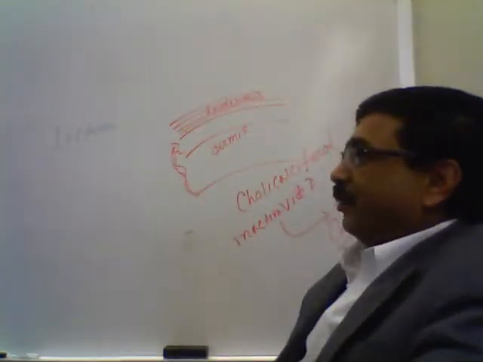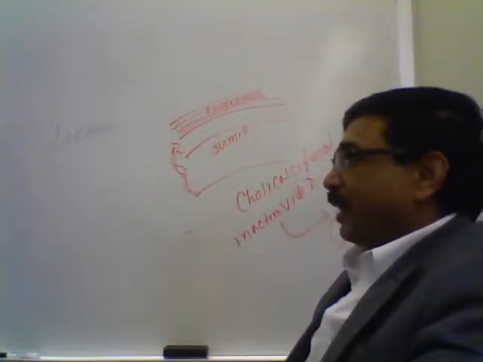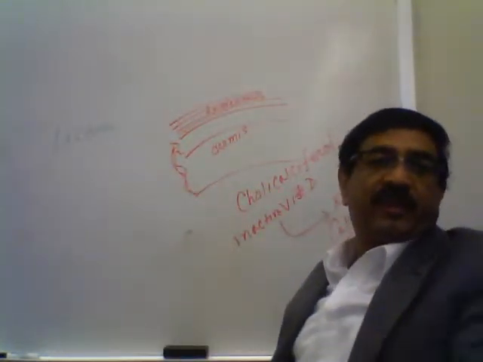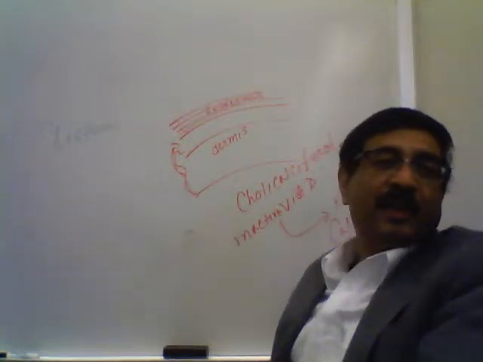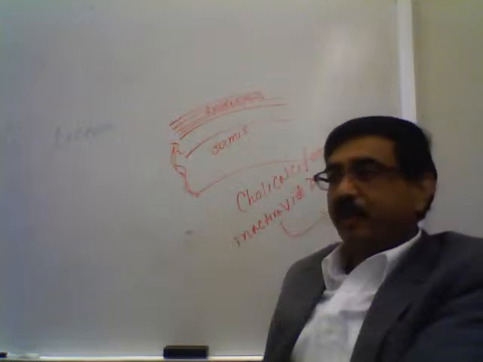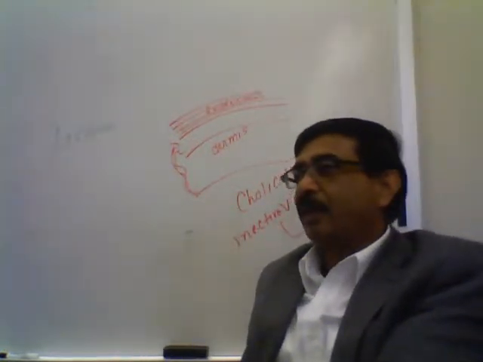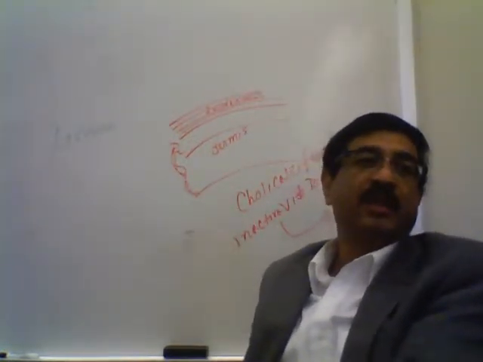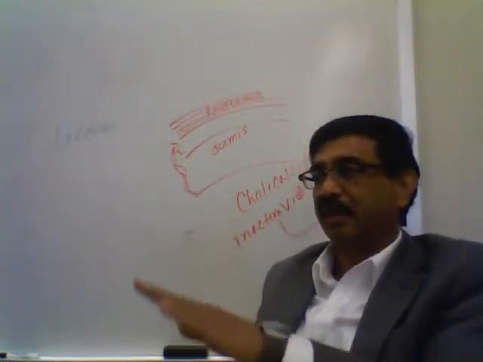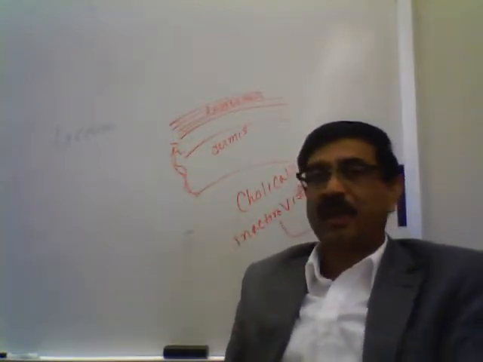So, 2 layers of the skin, epidermis and dermis. Now, under the dermis of the skin, you have another layer which is called the hypodermis. But all of you must remember that hypodermis is not a layer of the skin. It is under the skin. So skin has 2 layers.